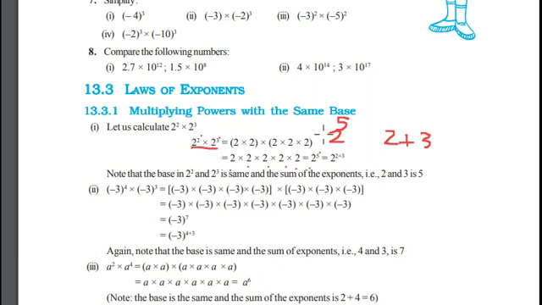So basically we are adding the exponents when the base is the same. 2 plus 3 is equal to 5. 2 to the power of 2 into 2 to the power of 3 is equal to 2 to the power of 5. When the base is the same, we can add the powers.